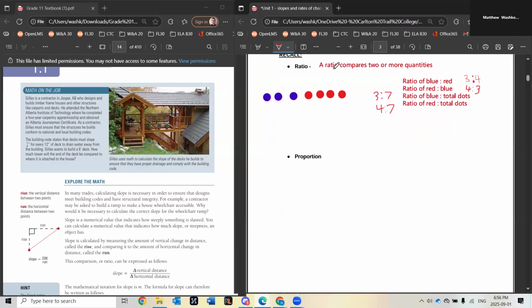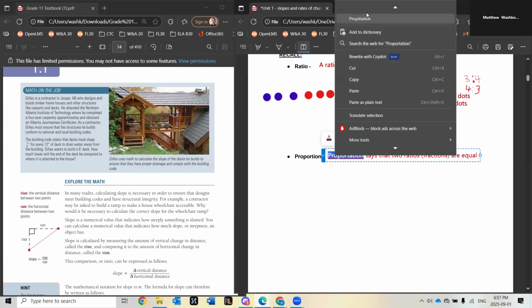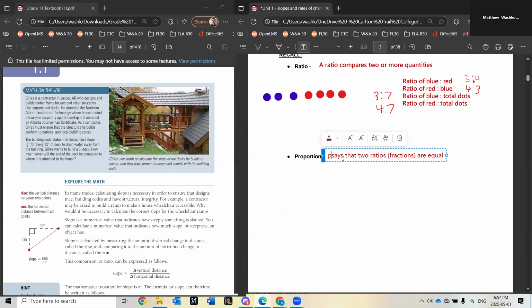Now, proportion's pretty similar. Proportion says that 2 ratios or fractions, because they can be both, are equal. What does that mean? So 2 ratios or fractions are equal.